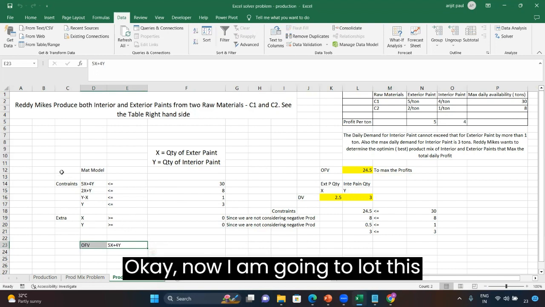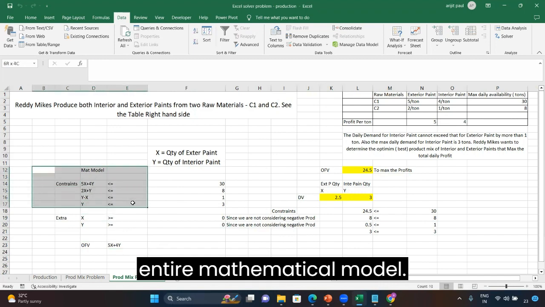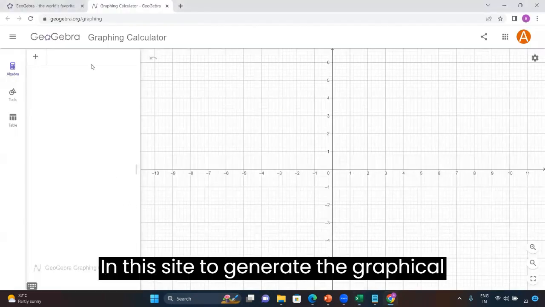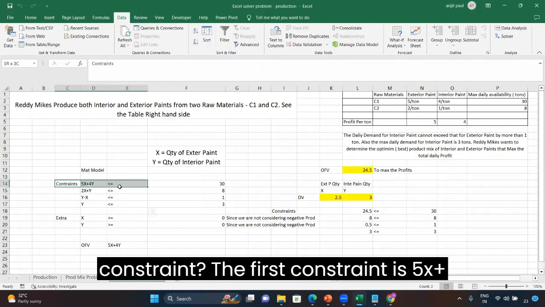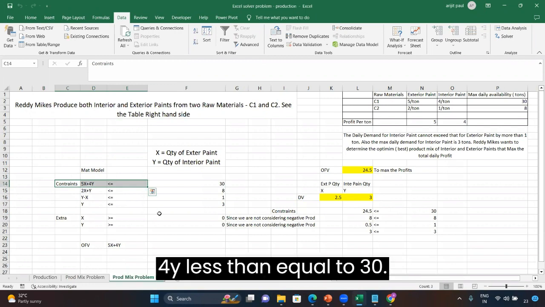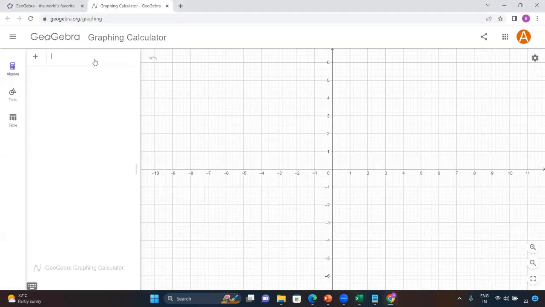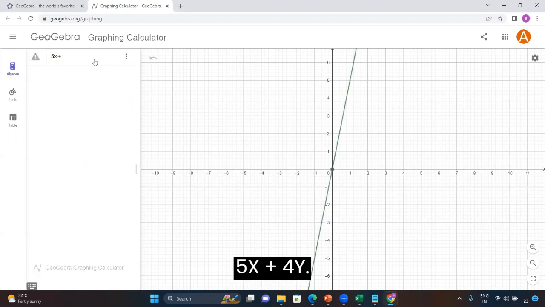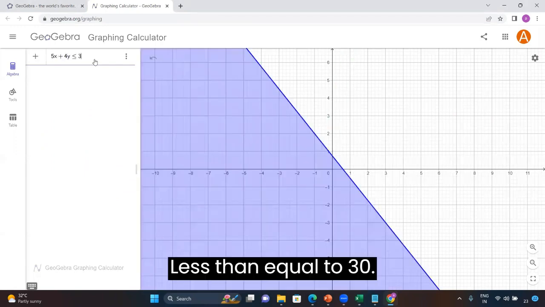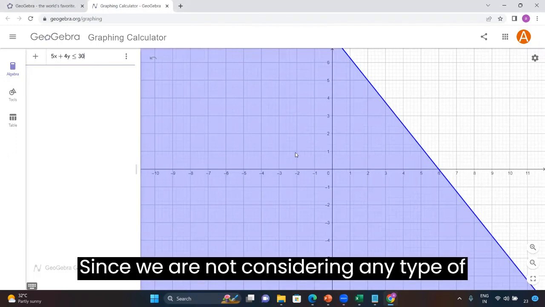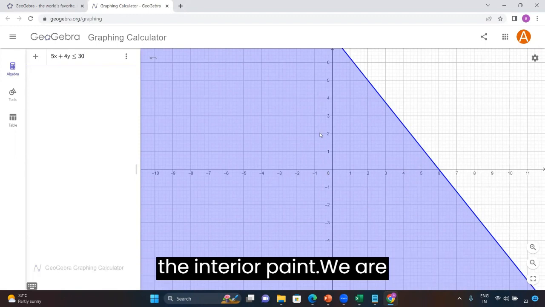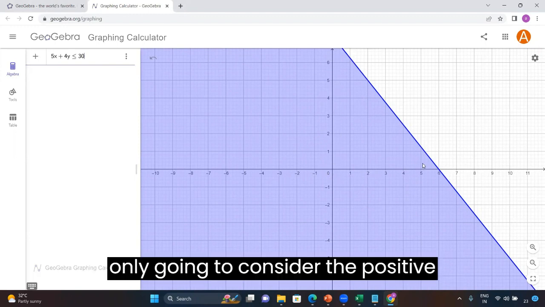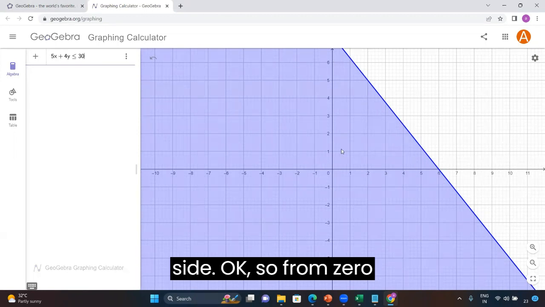Okay. Now I am going to plot this entire mathematical model in this side to generate the graphical model. So what is our first constraint? The first constraint is 5x plus 4y less than or equal to 30. Since we are not considering any type of negative production plan for exterior or interior paint, we are only going to consider the positive side, from 0 to 6 up to this.